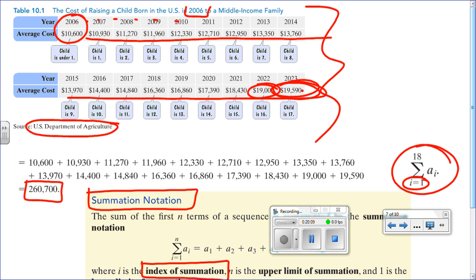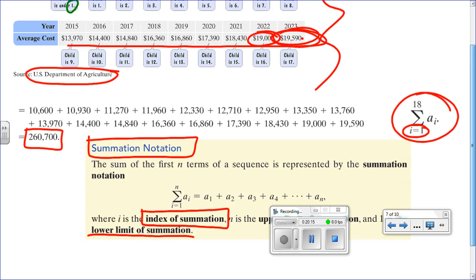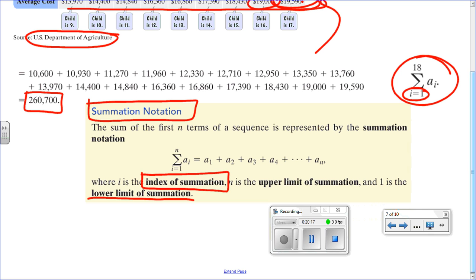Here we started when the child was under 1. I guess this could have been a 0. Then the number on top is going to be the upper limit. The ending point or the last term. And the bottom one will be the first.